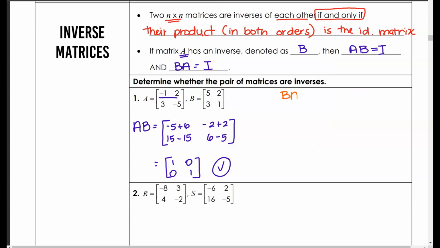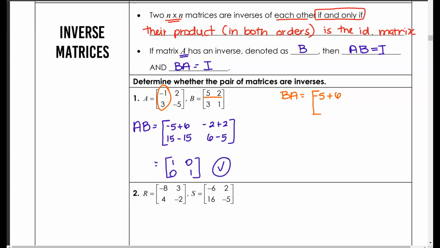So now we're going to do B times A. So B times A, we're multiplying the other way around. So we have 5 times this column, right? So 5 times negative 1 gives me a negative 5, plus 2 times 3 gives me a positive 6. Okay, and then we're going to now do that bottom one.